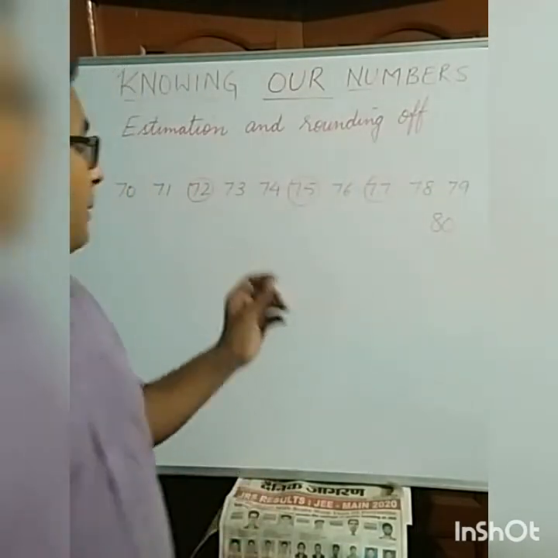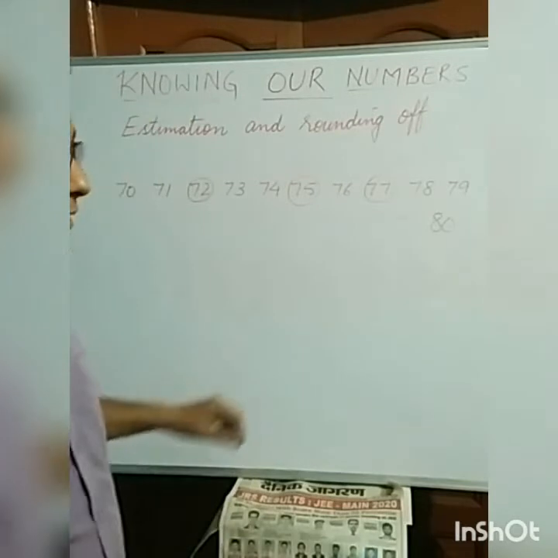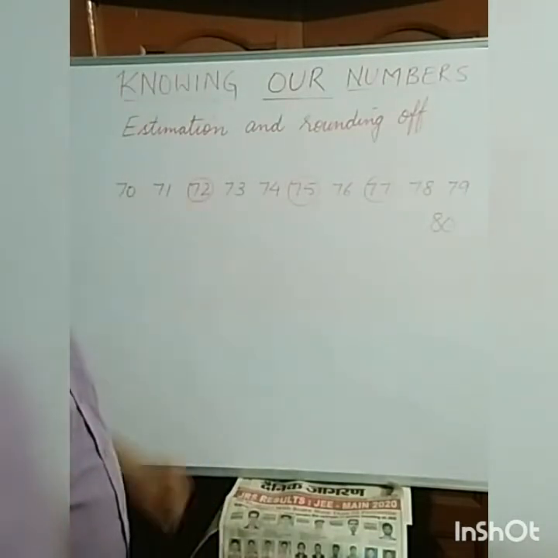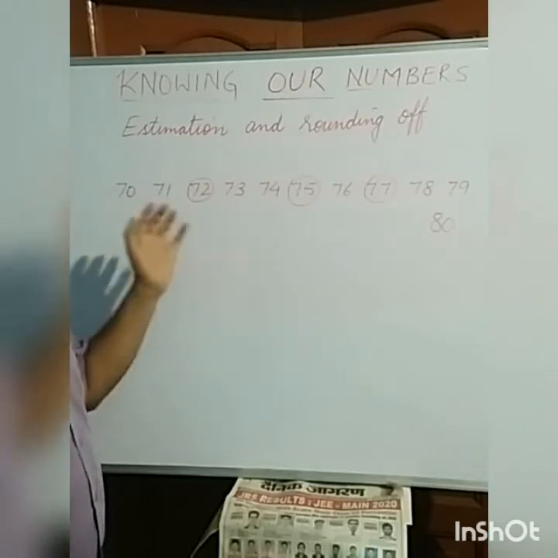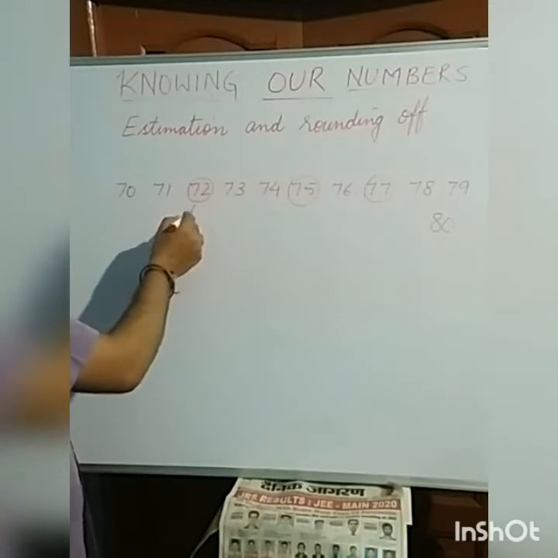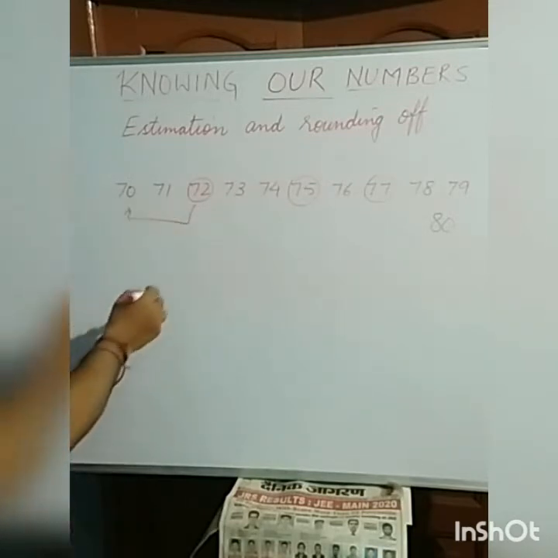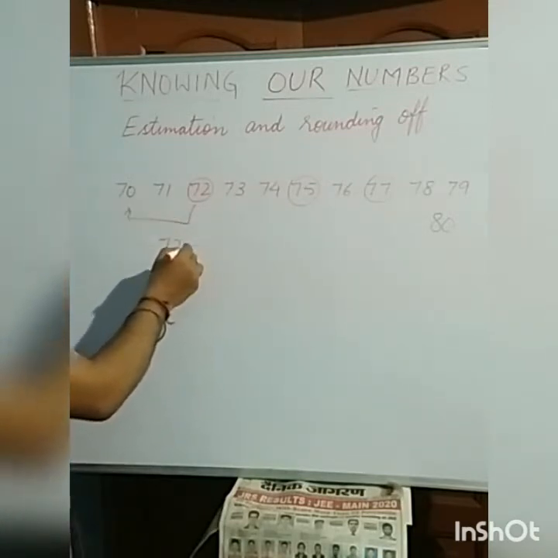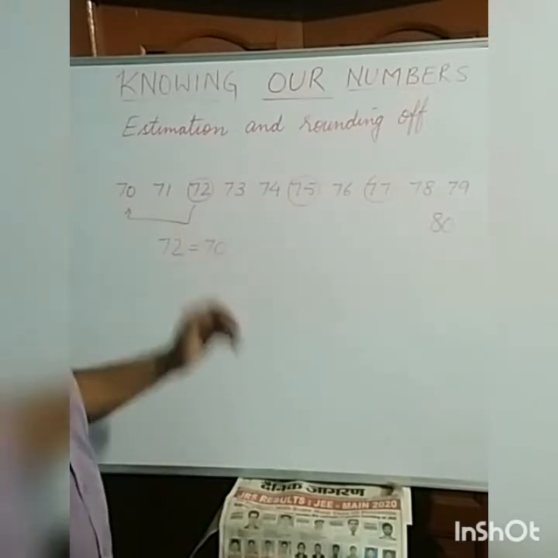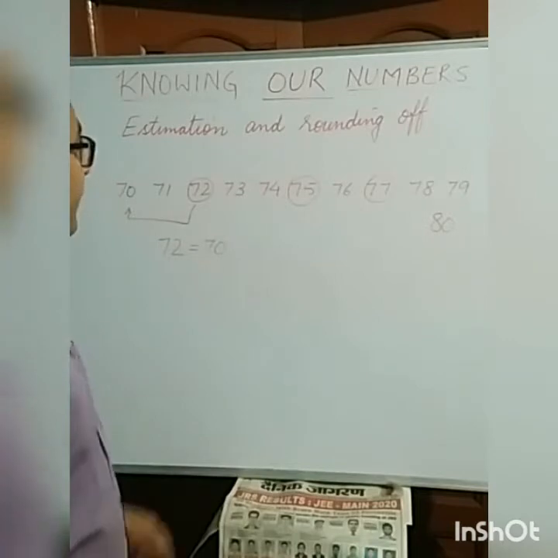So how will we round off these numbers? Suppose first we have to round off 72. We will round off to the nearest tens. As we can see, 72 is close to 70. So we can write 72 as approximately 70, or 72 rounded off is equal to 70.